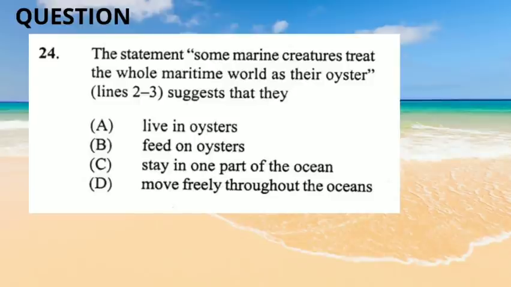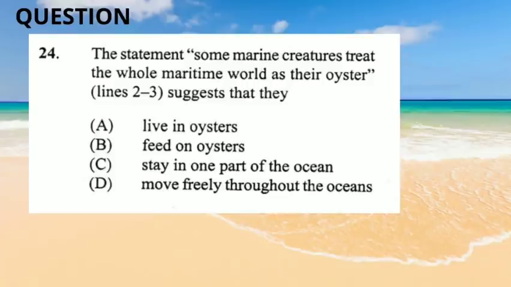Question 24. The statement, some marine creatures treat the whole maritime world as their oyster, lines 2 to 3, suggests that they A. Live in oysters, B. Feed on oysters, C. Stay in one part of the ocean, or D. Move freely throughout the oceans. The world is your oyster is a very popular phrase, and it means you are in the position to take opportunities that life has to offer.